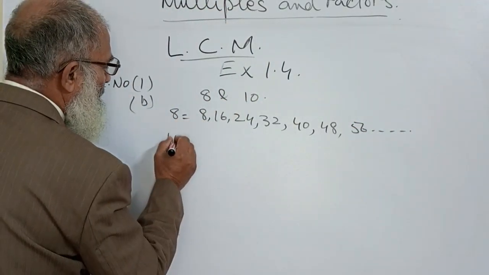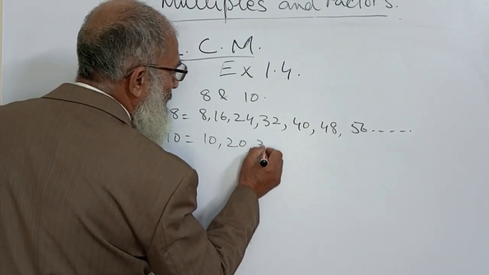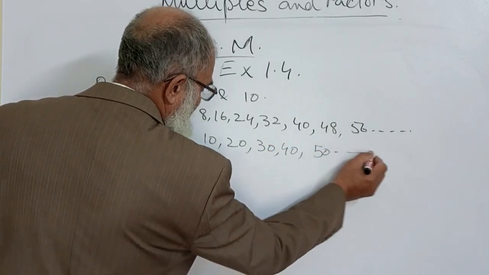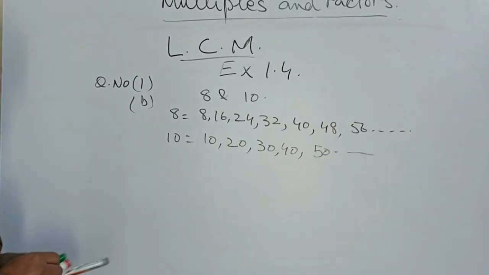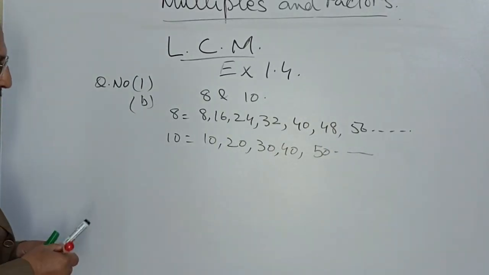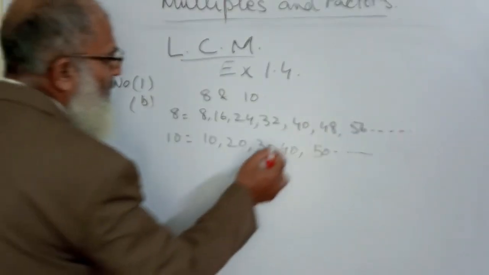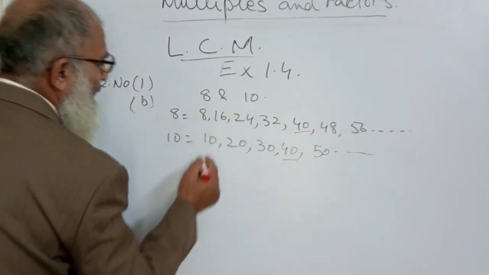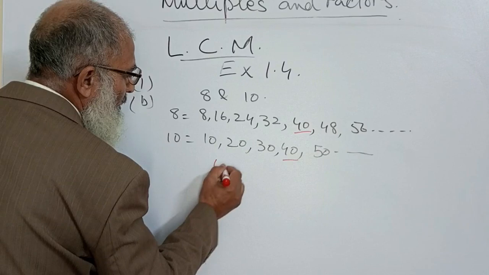And for 10, 10, 20, 30, 40, 50. So students, you see that we have come up with one common multiple, and that is 40. So the LCM of 8 and 10 is 40.